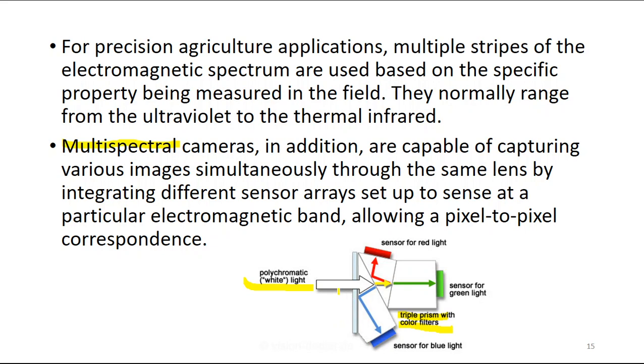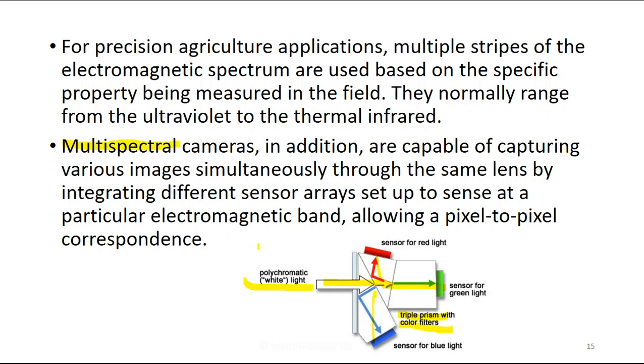You can see the light beam enters here, and it will be separated into three different directions: one to the sensor for red light, the second to the sensor for green, and the last to the sensor for blue light. This way, we can get multiple spectra, so 1, 2, 3, three spectra.